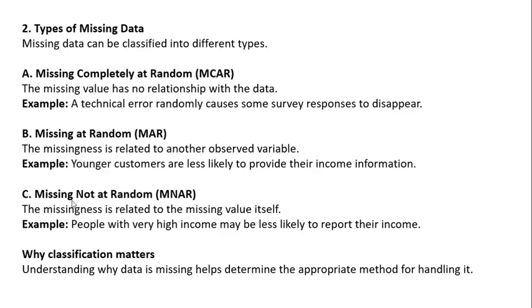And third is missing not at random, where missingness is related to the missing values themselves. For example, people with very high incomes may be less likely to report their incomes. This classification matters because understanding why the data is missing helps determine an appropriate method for handling it.